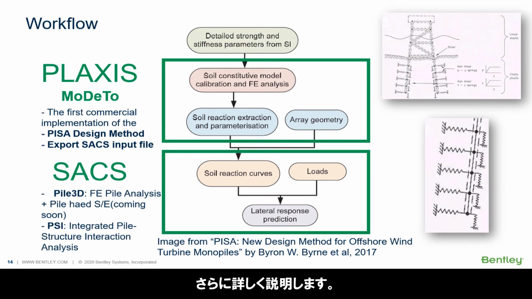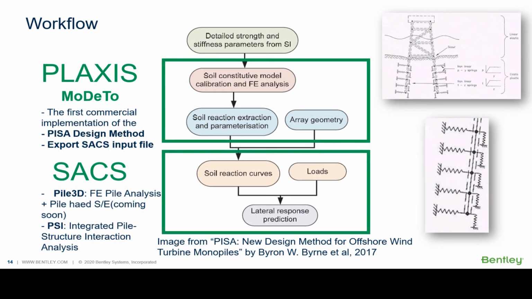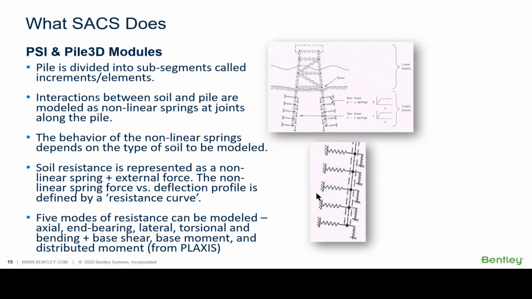Let's take a look at this more. What the SACS PSI and Pi3D modules do is, as you see in the picture here, the foundation is represented by a beam, and the modules discretize the beam and attach the springs along the pile.